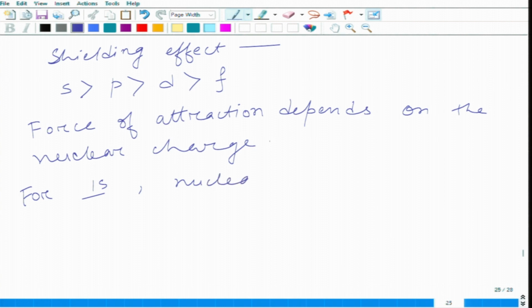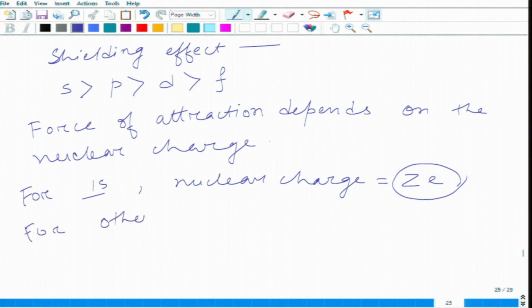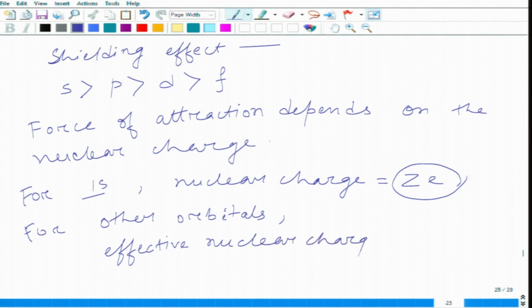So the nuclear charge is Ze, that is the original nuclear charge. Okay. For other orbitals, due to the shielding effect, there arises a term called effective nuclear charge, which is expressed as Z effective into e.